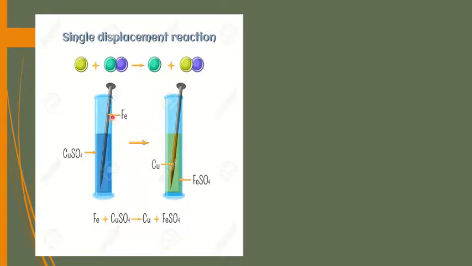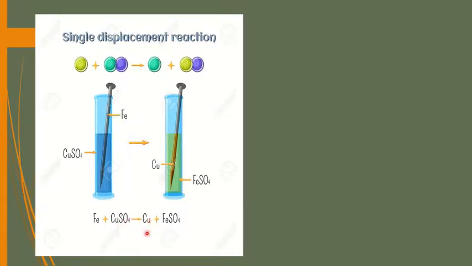Here iron substitutes copper from its position and it takes the place of copper. So when iron substitutes copper, then iron comes here and it produces ferrous sulfate, and copper is separated from the compound and it produces copper. So for single displacement reaction, an element substitutes another element from a compound and takes its place.